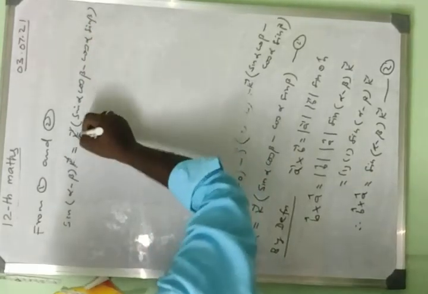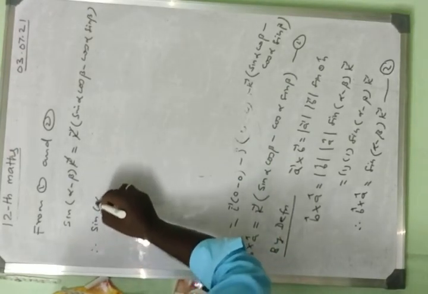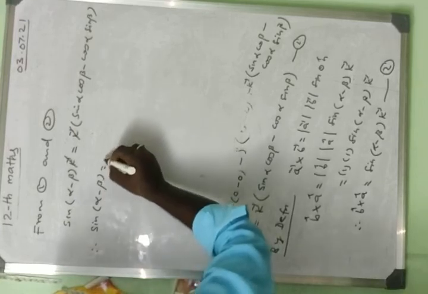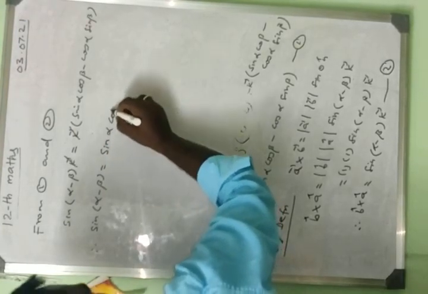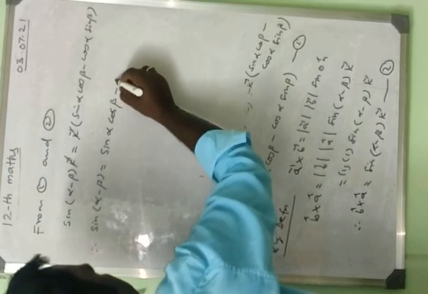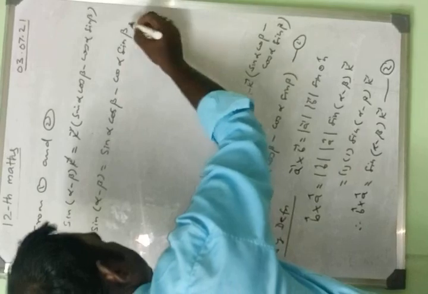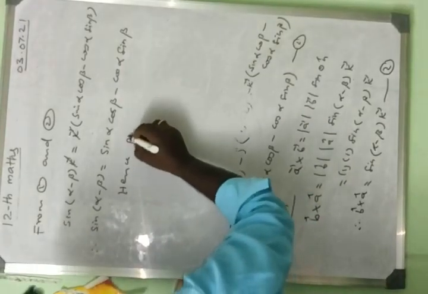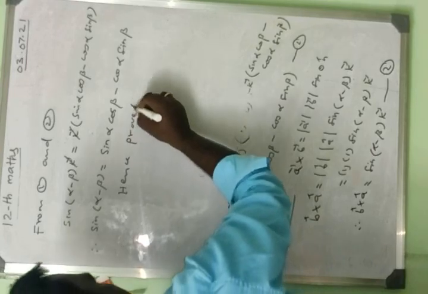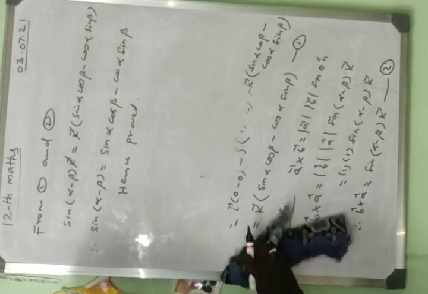Now vector k cancels. So finally we get sin alpha minus beta equal to sin alpha cos beta minus cos alpha sin beta. That's all. Hence proved. Very important sums. Okay, thank you.